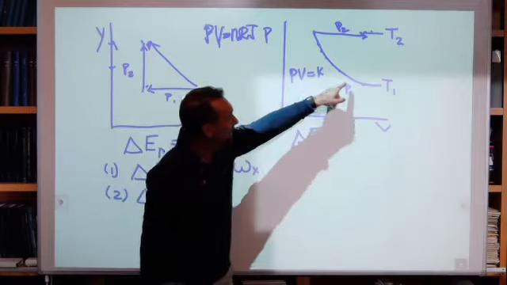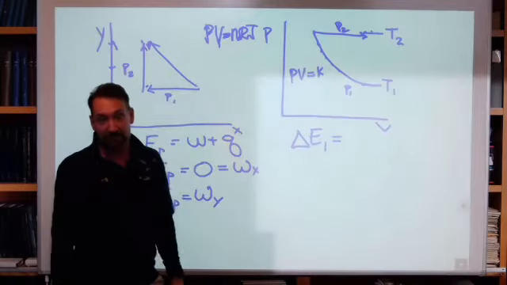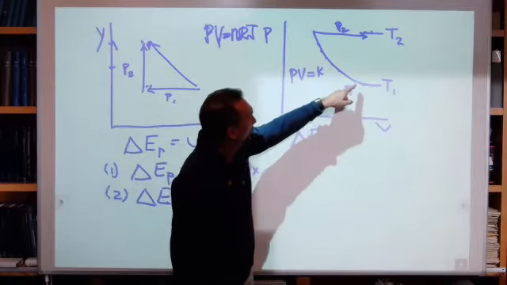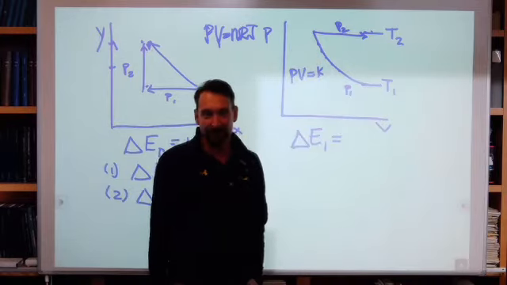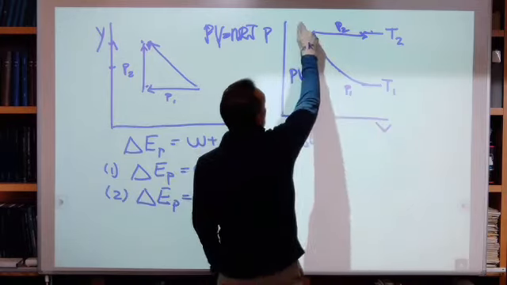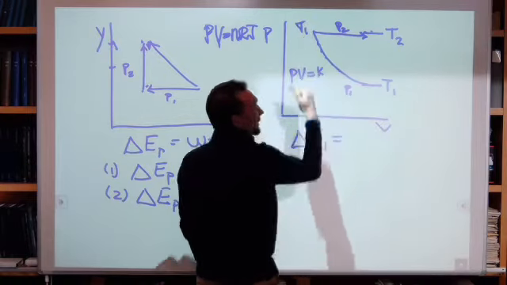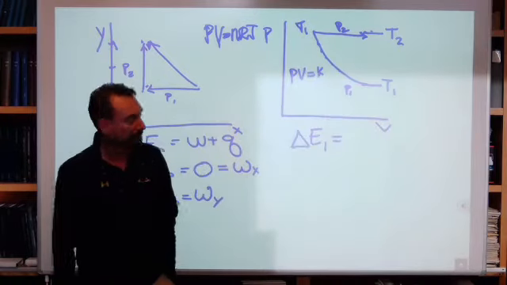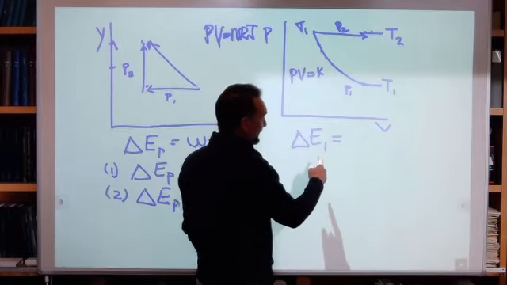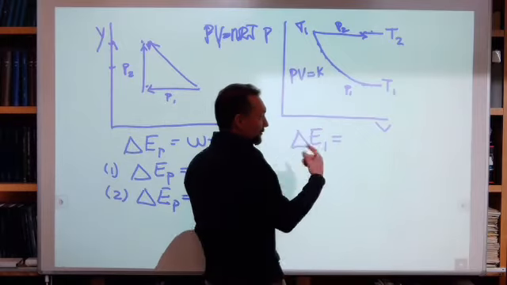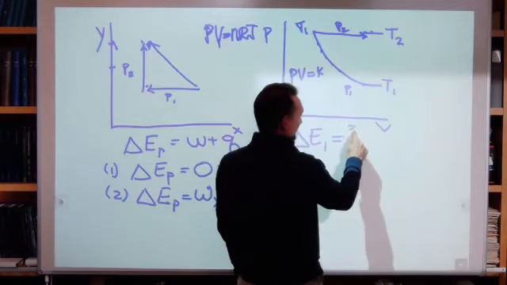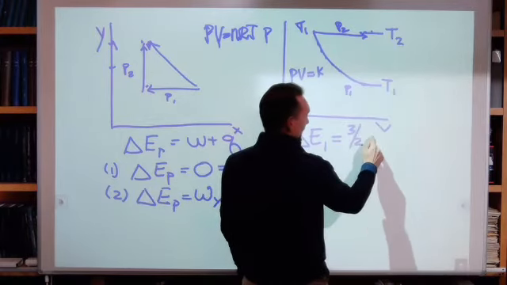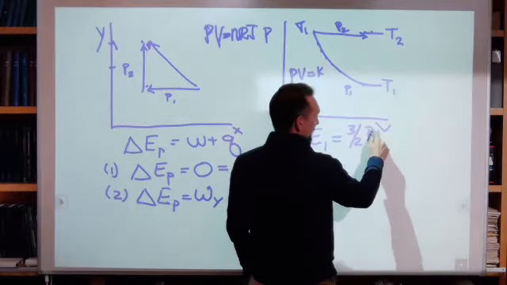So the temperature is the same for every single one of those points. So along there, the temperature did not change. Okay, so it's T1, the gas is at temperature T1 up here too. So for gases, you know that the energy of a gas is 3/2 RT.